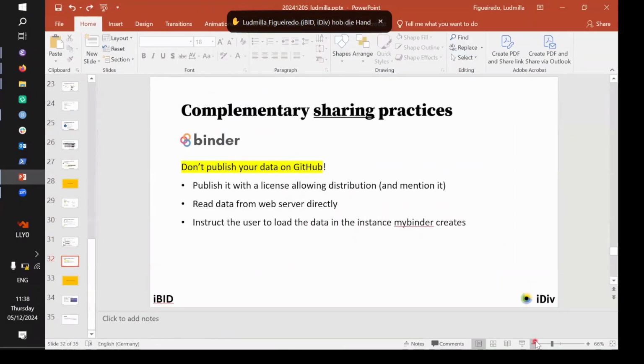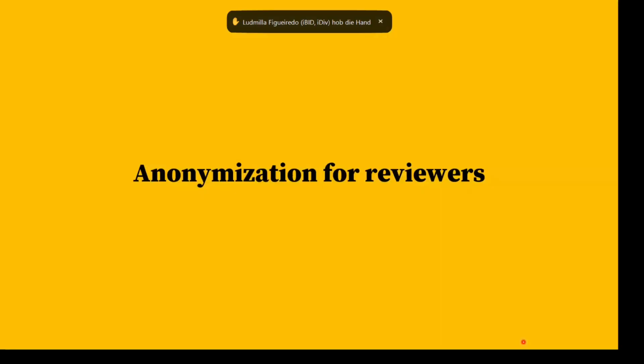Then we're coming to almost an end. Another important part about publishing your code is that it's probably going to be published in association with a manuscript. And this is something that I had to do a couple of months ago, which was sharing anonymized code for reviewers.